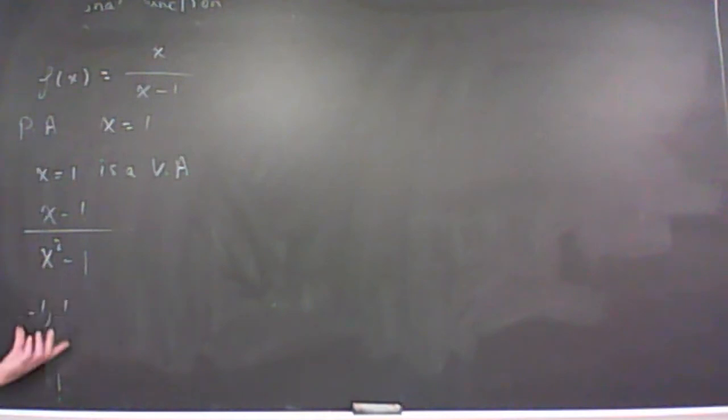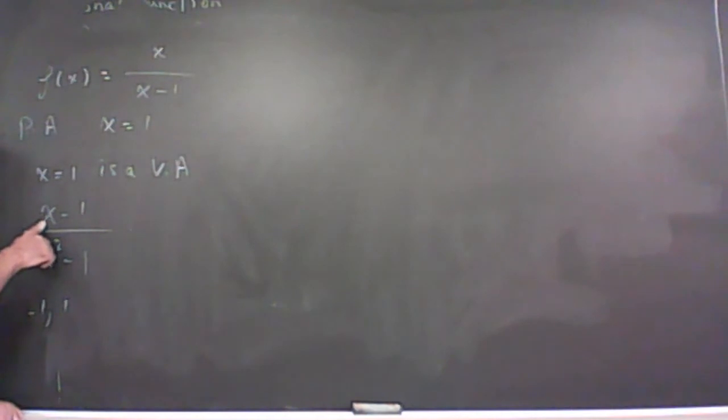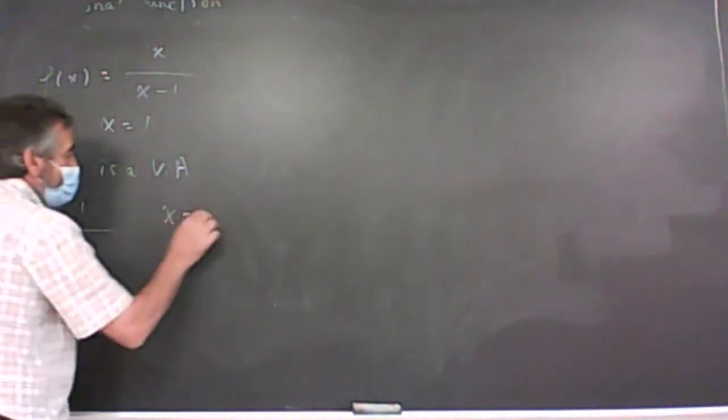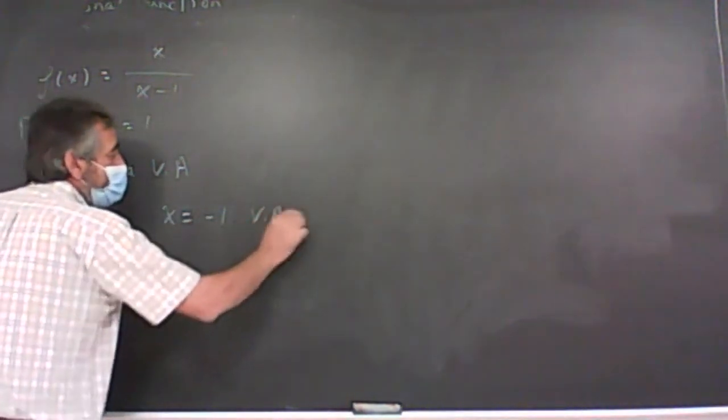There are no other vertical asymptotes besides these. Is negative 1 a vertical asymptote? Let's try. If I put negative 1 here, do I get a 0? Negative 1 minus 1, I get negative 2. It's not a 0. Then x equals negative 1 is a vertical asymptote.